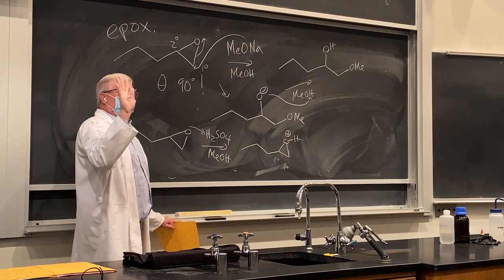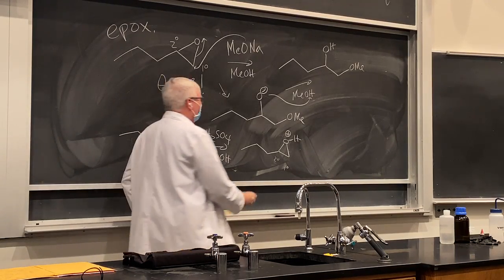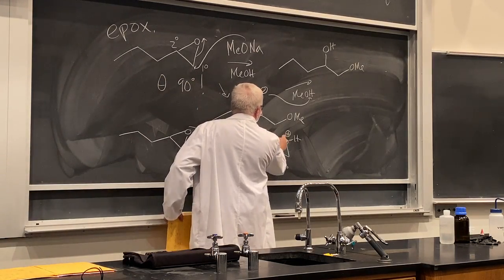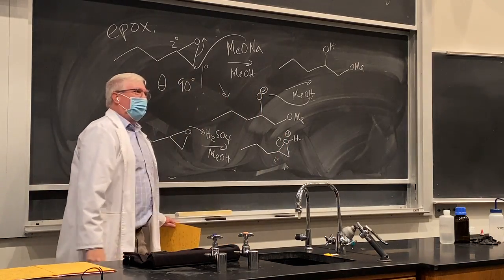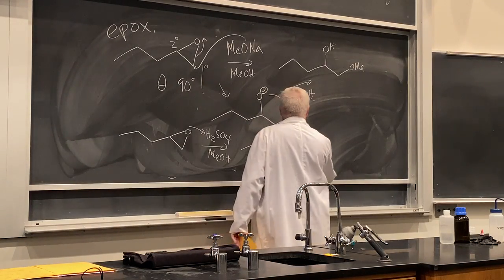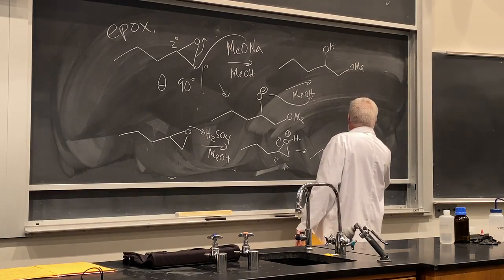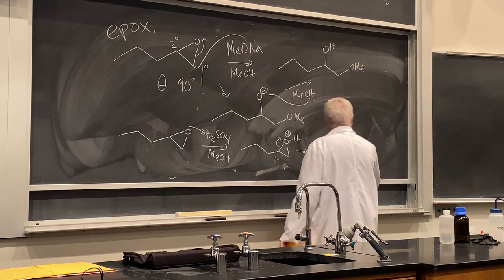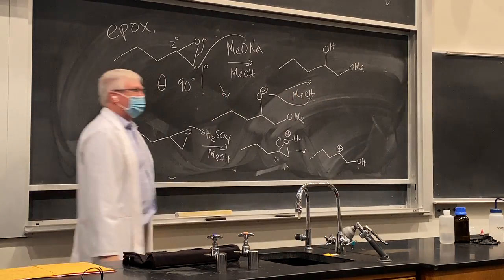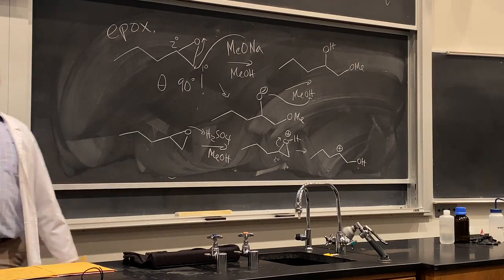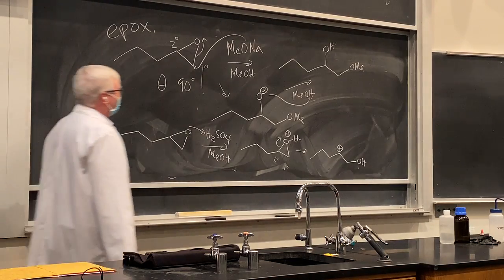Secondary, yeah, we didn't need to vote there. Everybody chimed in with secondary right away. So let's do that. And what do we get there? We get a secondary carbocation. And look, we get an alcohol now at the primary position. We've already switched our positions here.